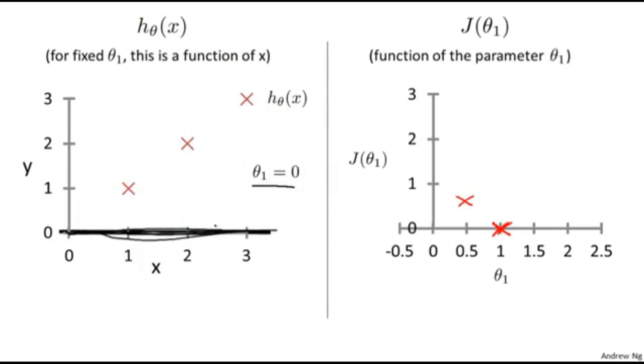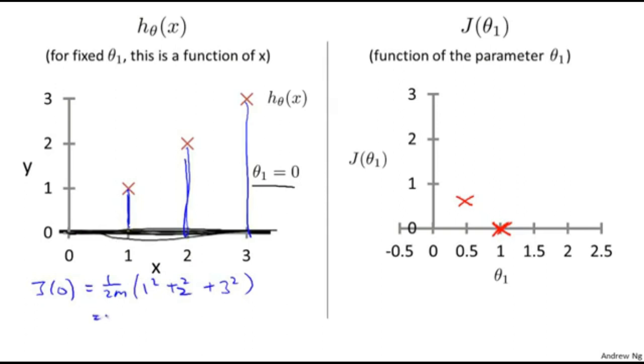And so measuring the errors, we have that J of 0 is equal to 1 over 2m times (1 squared plus 2 squared plus 3 squared), which is 1/6 times 14, which is about 2.3. So let's go ahead and plot that as well. We end up with a value around 2.3.